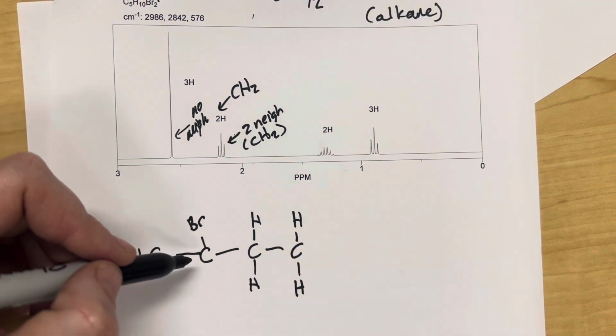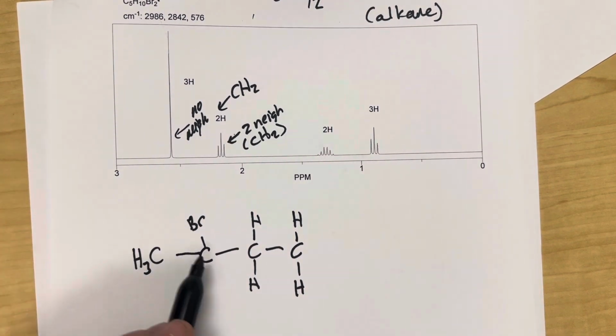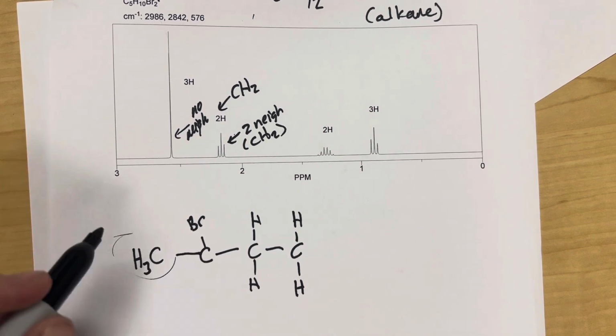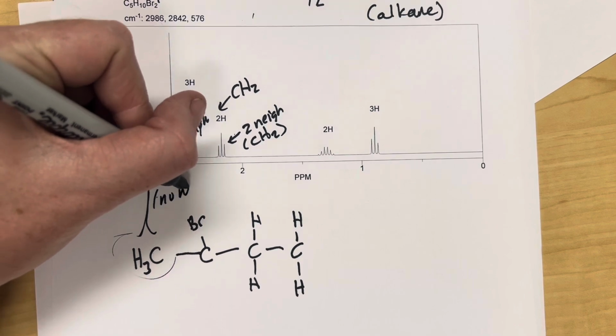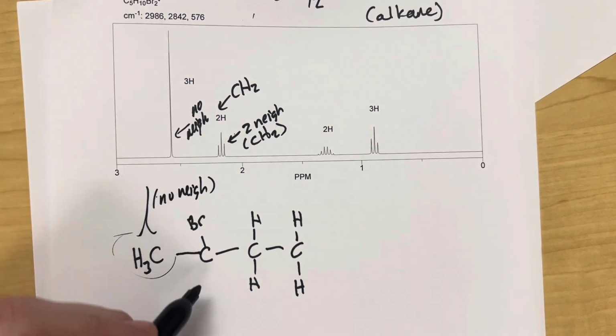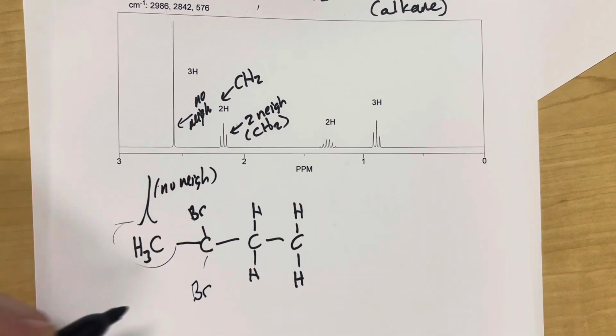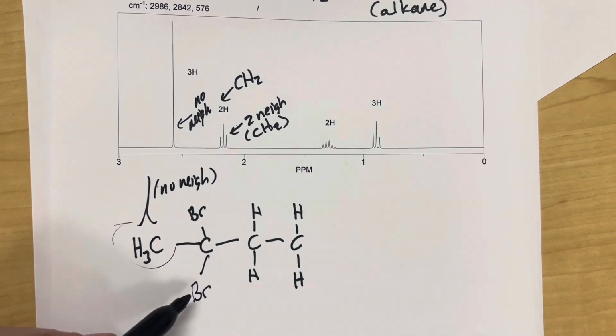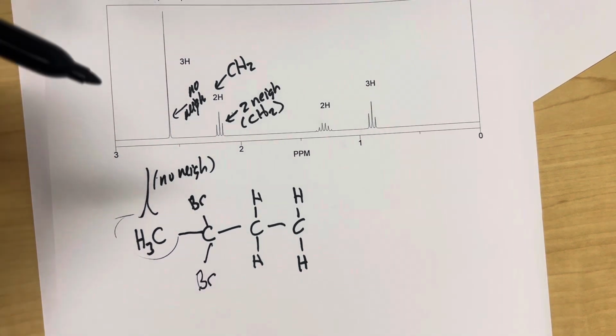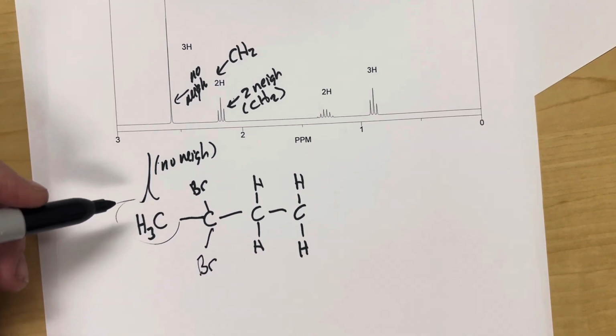So I'm going to automatically assume, knowing that this one had just one peak because it had no neighbors, that there had to be a bromine on this as well. That's the only way to have this thing alone with no neighbors over here. All right, but let's keep going. We can always change things if we need to.